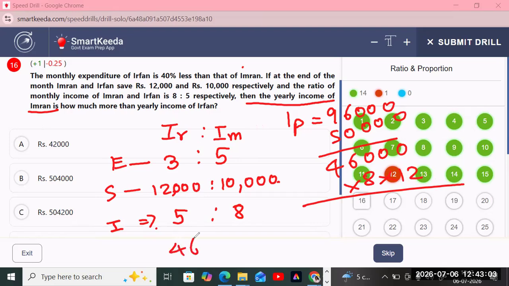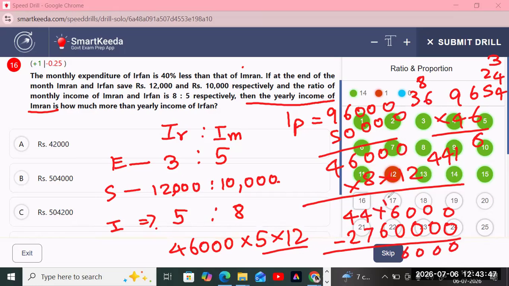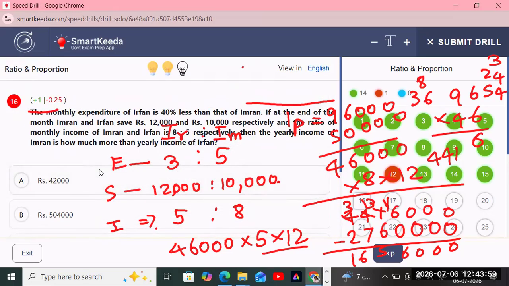Irfan's income, 4,673 in 12 months, 16, 6, 3, 2, 7, and so on.